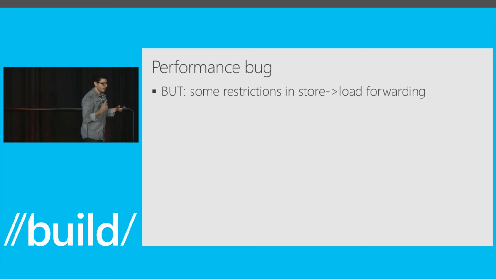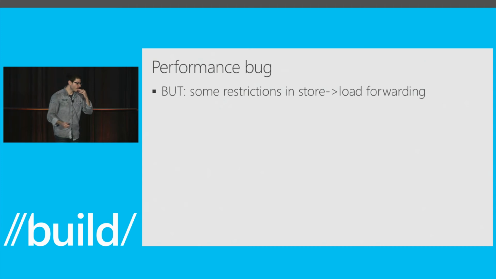That's just one example of many of the restrictions for load to store forwarding. There are pages and pages and pages in the software optimization guides that tell you all of the reasons why you won't get store to load forwarding, which is kind of crazy that there's pages and pages of this instead of it just sort of working nicely.